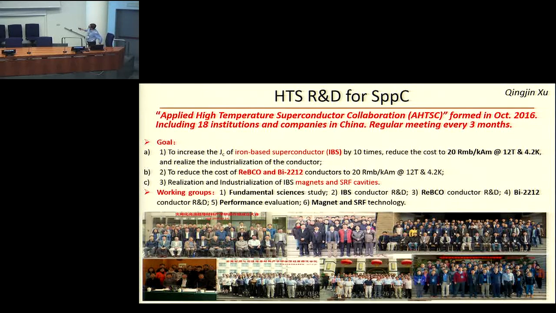The goal is to increase the iron-based superconductor, REBCO and Bi-2212, for the magnet and SRF cavities. And this is a working group. It's fundamental science study, and IBS conductor R&D, and so on.